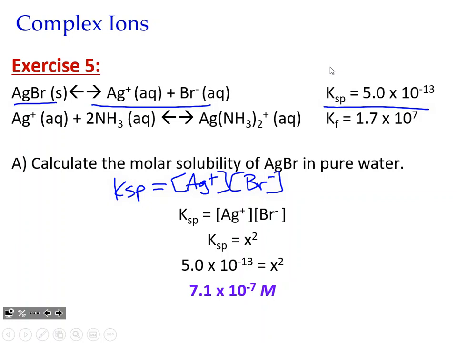So the change is always going to be the same for those two, so it's just x squared, because this is like x times x. Therefore, we know it's a 1-to-1 ratio with ions, so Ksp equals x squared. And there we have that.